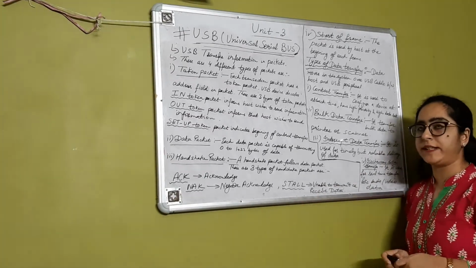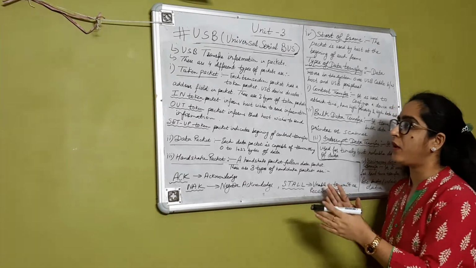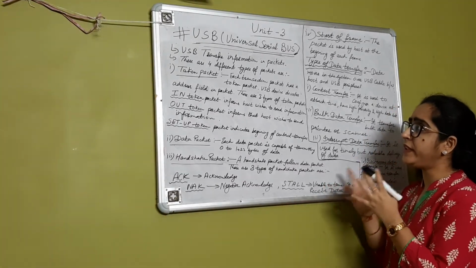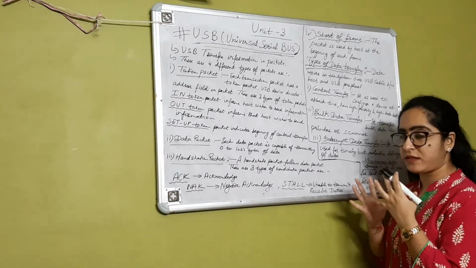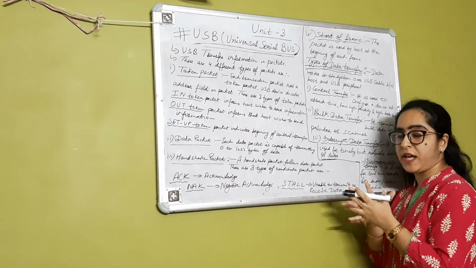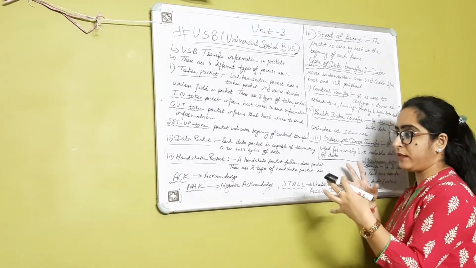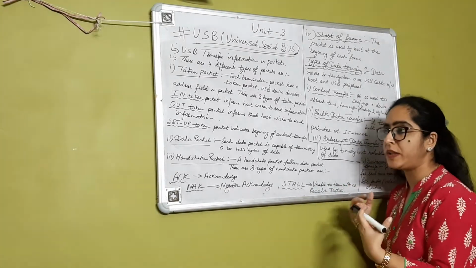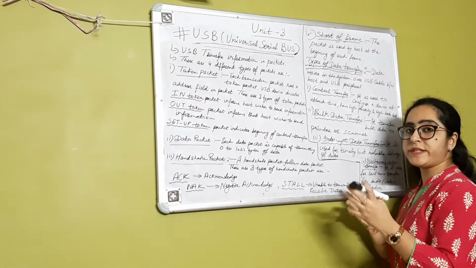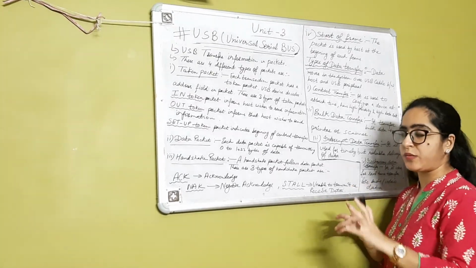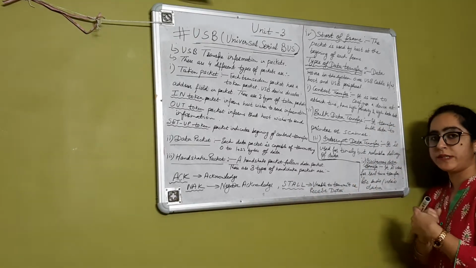There is one disadvantage of using universal serial bus, that it is based on the host. One device needs to work as a USB host, and the whole control operation, the communication of data, depends on the host and the device. So one device has to be host for this type of universal serial bus.